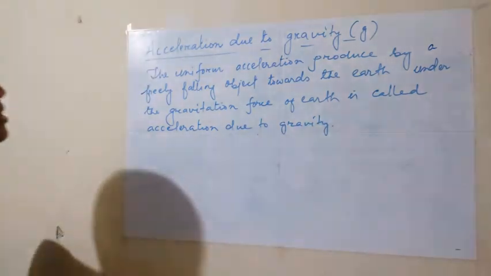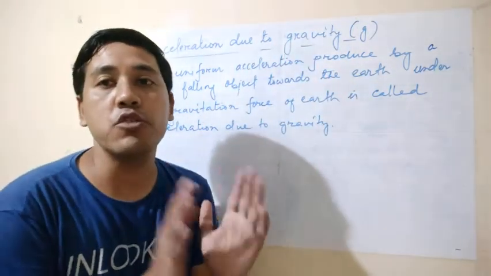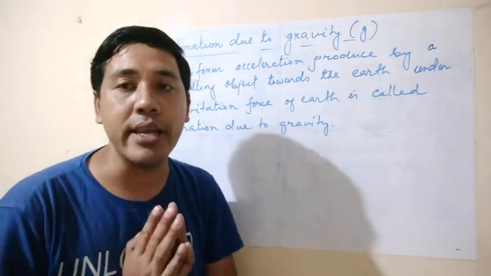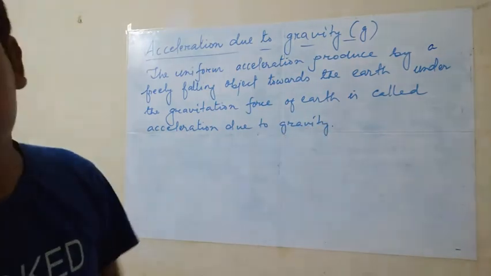While the object is freely falling, it produces one uniform acceleration, right? And this uniform acceleration is known as the acceleration due to gravity.